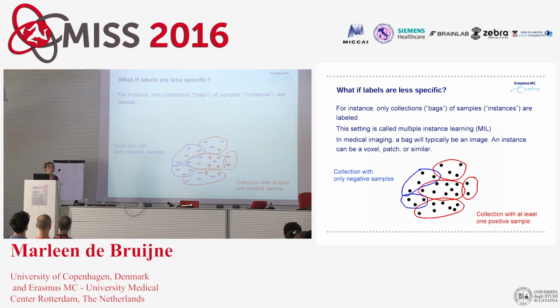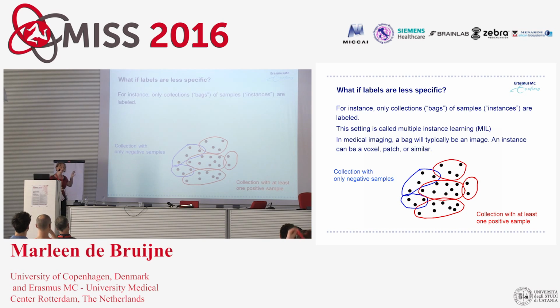Samples we call instances. So we have bags of instances that have a label. For instance, all these samples we know do not have disease present, and all the red bags do have some disease present, but we don't know where it is. So bags could look like this.